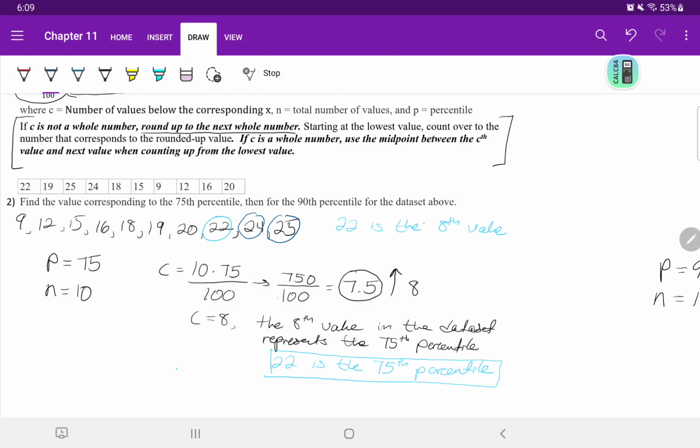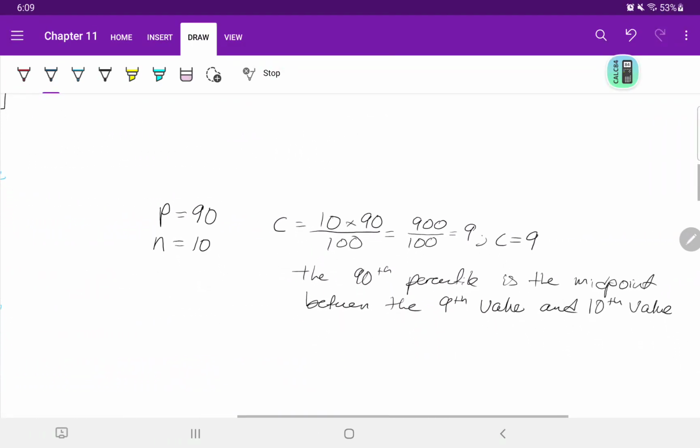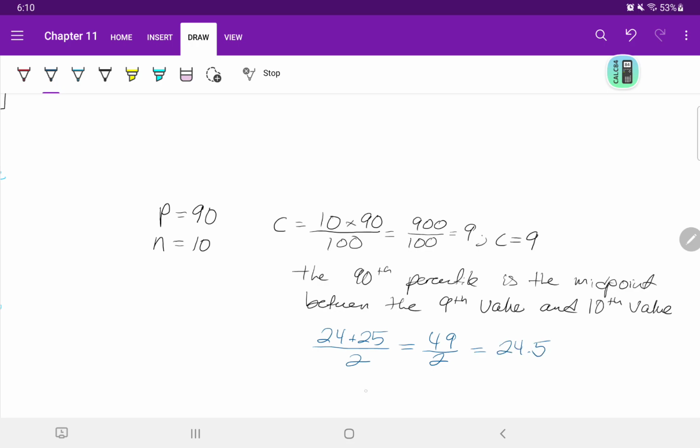So we're going to find the midpoint of those two numbers. 24 plus 25 divided by 2. 24 plus 25 is 49. 49 divided by 2 is 24.5, which means 24.5 is the 90th percentile.